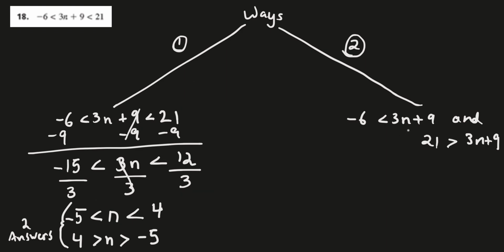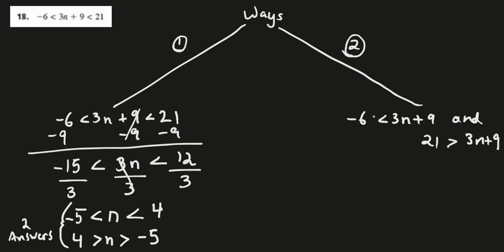Since 3n plus 9 and 3n plus 9 are the same thing, we're doing the same steps, essentially. And this is actually faster. You don't need to do this extra step of splitting it up, especially if the problem didn't have it split up, as I said before.